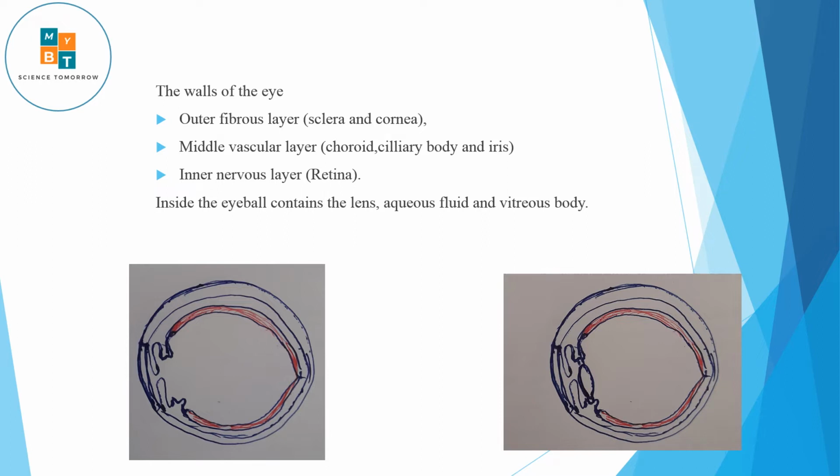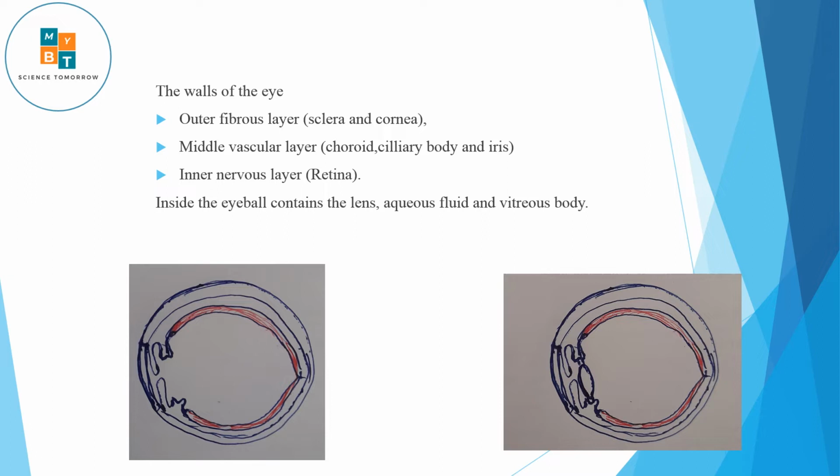And if you consider the inside of the eyeball, we have the lens in the middle. In front of the lens is the aqueous fluid, and at the back of the lens is the vitreous body.